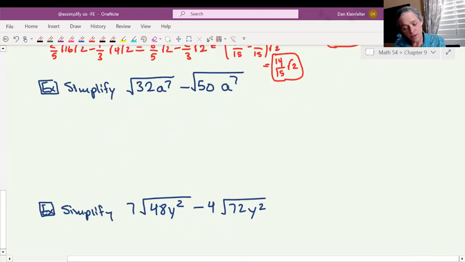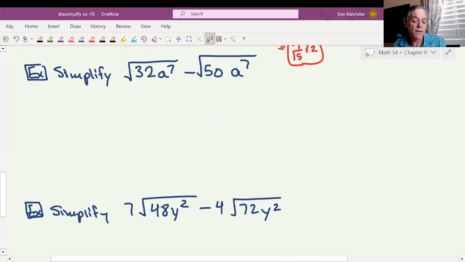Okay, here's another to try. We have the square root of 32a to the 7th minus the square root of 50a to the 7th. So for this one, there's a couple ways to approach it. We could simplify that square root of a to the 7th now, or we could do it later. My choice would be to just do it later and deal with the 32 and the 50 first.